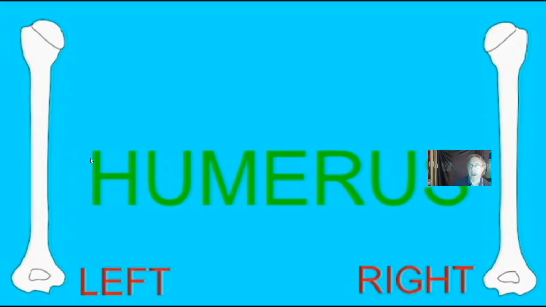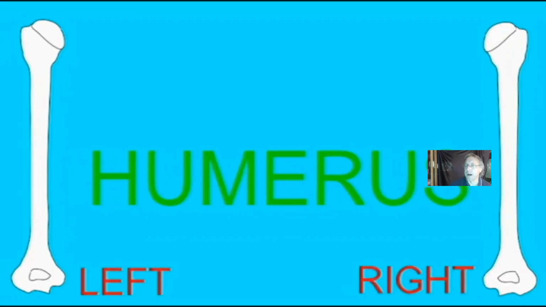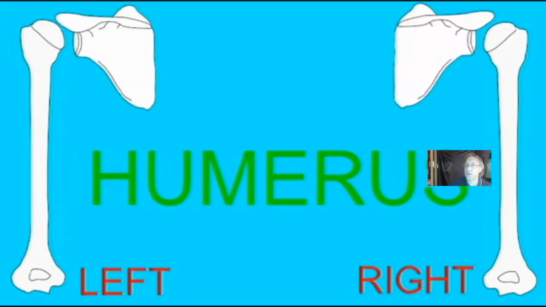So I see obviously there's this round ball as the head of the humerus. Knowing that the shoulder is one of the two ball and socket joints in the body, then I know that that is the proximal end of the humerus, faces superiorly, because that's where the shoulder joint is, obviously.